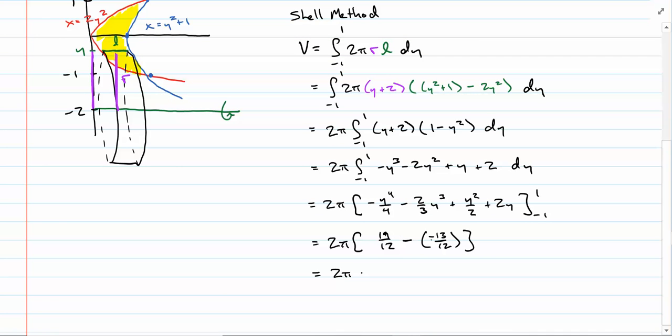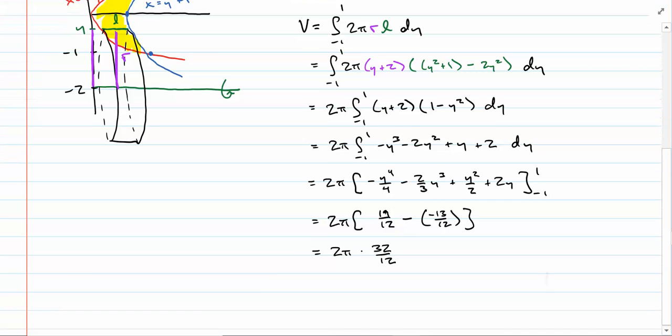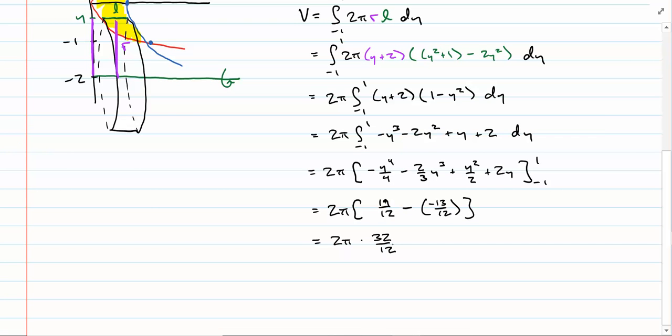So really what I have is 19 plus 13, which is 32. So it's 2 pi times 32 over 12, which if I multiply that out and turn it into a fraction, I'm getting 16, and there's a pi in there still, so 16 pi over 3. That would be the volume of that solid of revolution.